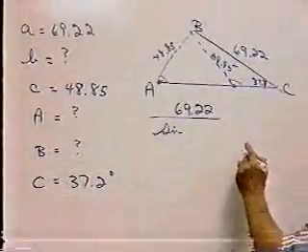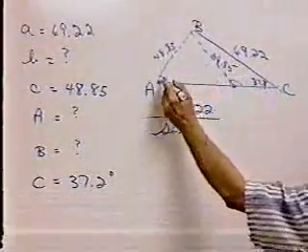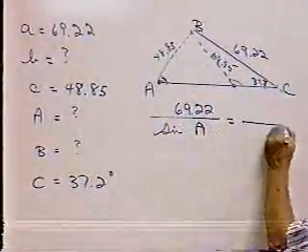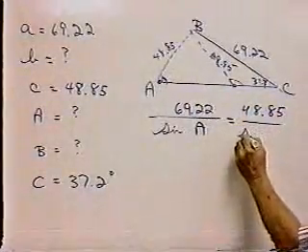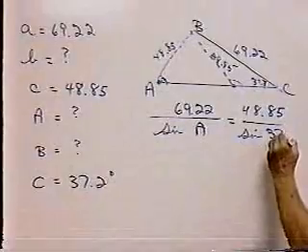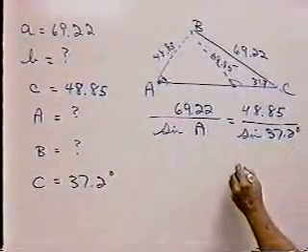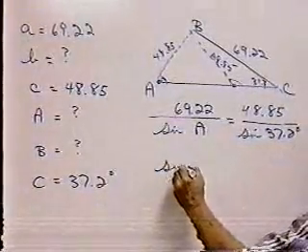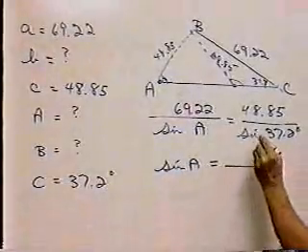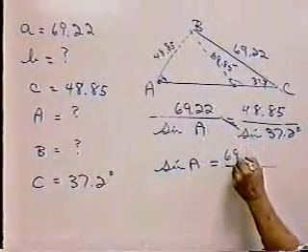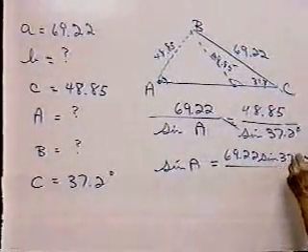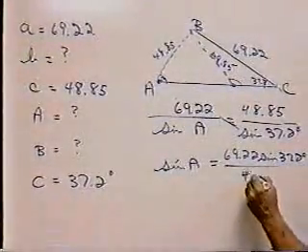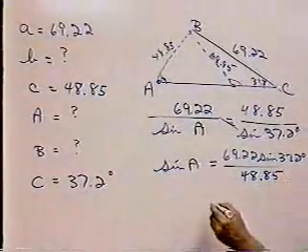All right, so 69.22 is to the sine of angle A, as 48.85 is to the sine of 37.2. So the sine of A is equal, cross multiplying, to 69.22 times the sine of 37.2 divided by 48.85.